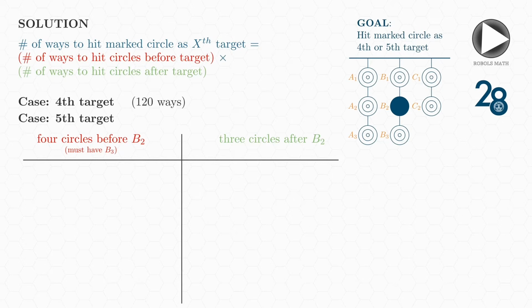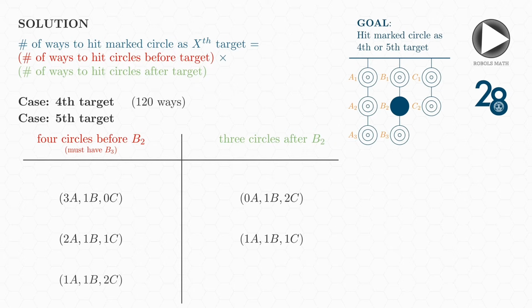One possible way is that we have 3 from column A, 1 from column B. So after that should be 0A, 1B, 2C. Another case is 2A, 1B, 1C. And then the green part of that will be 1A, 1B, 1C. Lastly, we'll get 1A, 1B, 2C, and 2A, 1B, 0C.